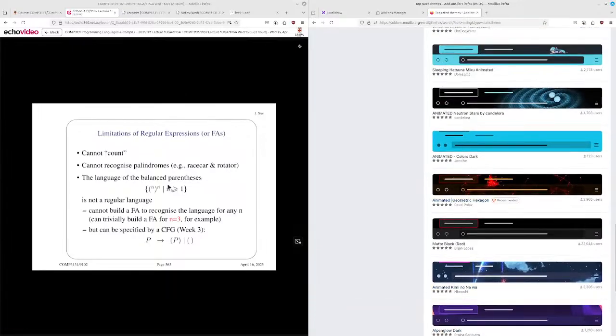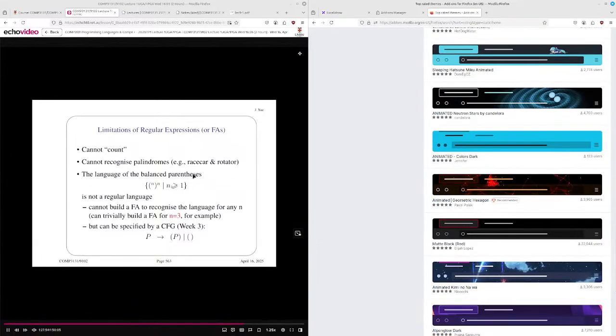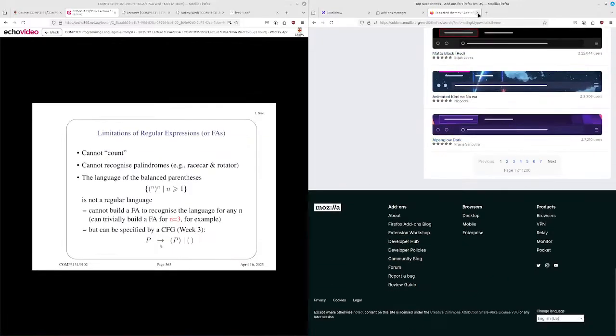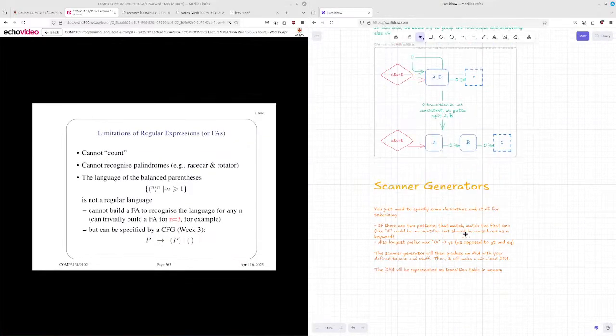Of course, you can do that for a finite set of balanced parentheses, but not for infinitely many. To do that, you have to use a grammar. A grammar with 2 rules should be able to specify the balanced parentheses. That's simple because this is not a regular language.